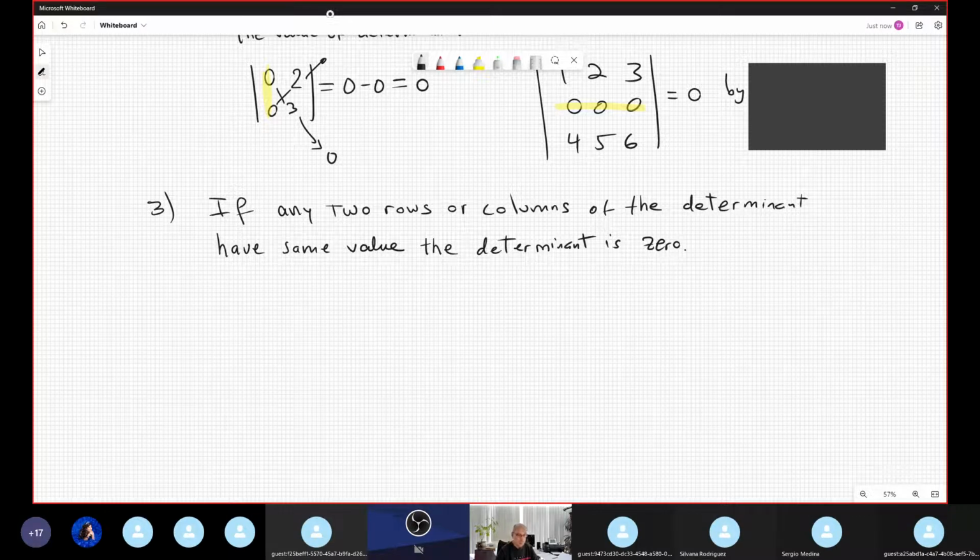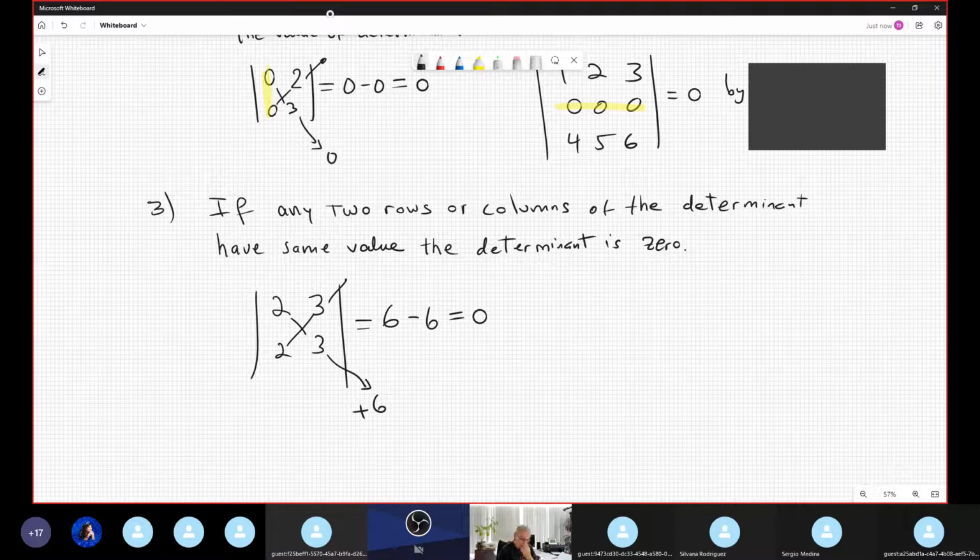Let me explain. Suppose 2, 3, 2, 3. In this case, we have a 2 by 2 determinant in which row 1 and row 2 are the same. When you compare, it's 6 positive and 6 negative, so 0. This is trivial.